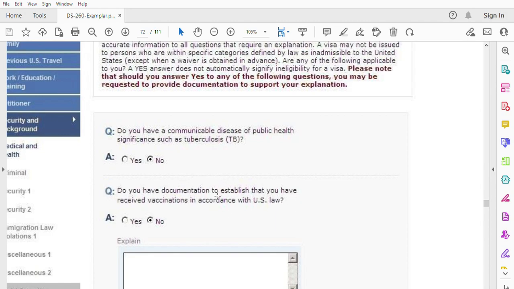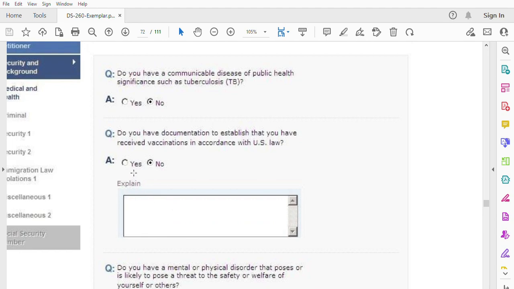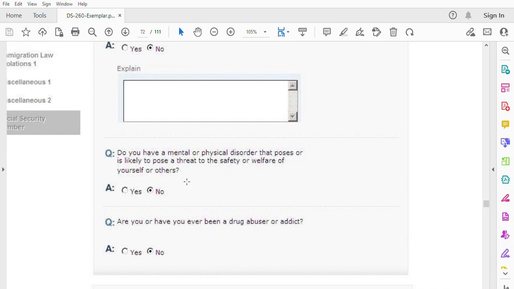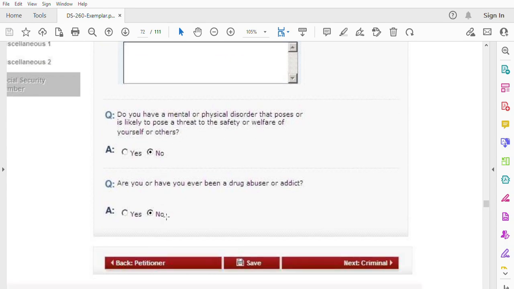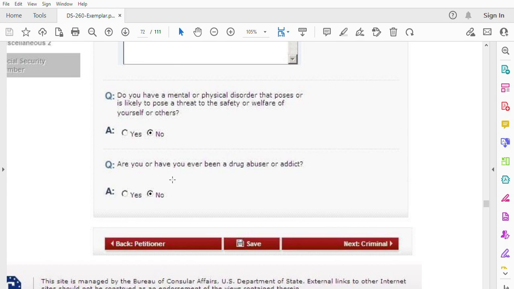If not, you have to do the required vaccination by US law. If you see yes, this is what we're gonna explain. If you see no, you're gonna go to the next question. Do you have a mental or physical disorder that poses or is likely to pose a threat to the safety or welfare of yourself or others? It depends on your answer right here. Check the one that applies to you.